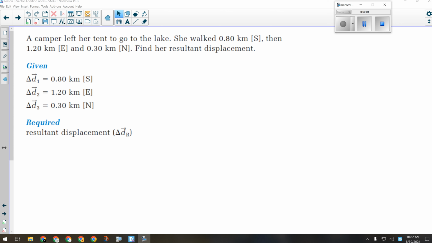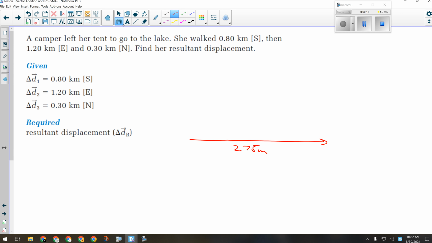All right, so at the end of class yesterday, we had just finished up our first vector addition example where we had vectors that were perpendicular, right? We had that car and it had gone 275 meters east, and then it had turned and gone 125 meters north.